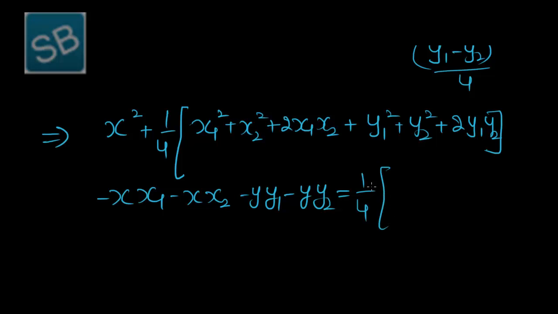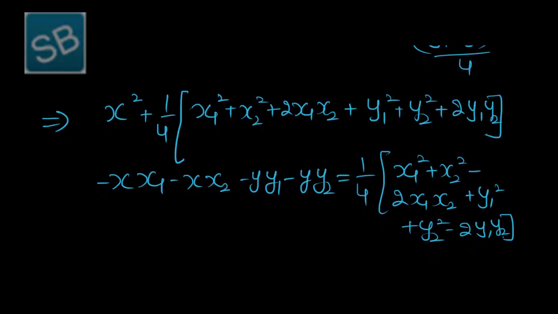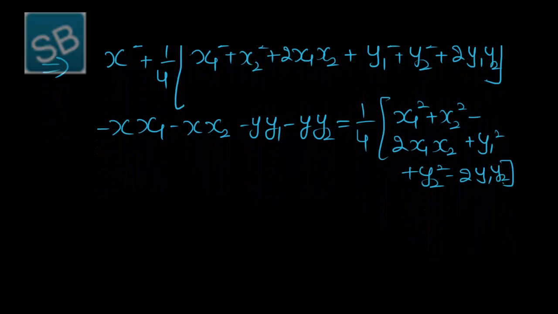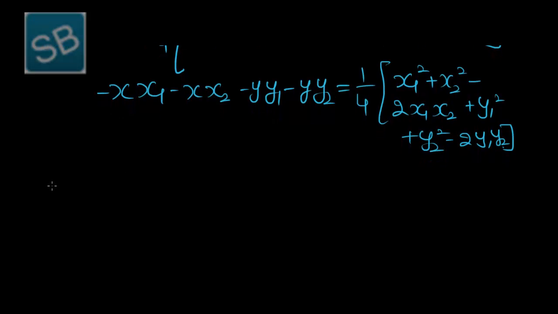by 4 taken out and open (x1 minus x2) square, that is x1 square plus x2 square minus 2x1 x2 plus y1 square plus y2 square minus 2y1 y2. Calculation is lengthy, so don't lose your patience.